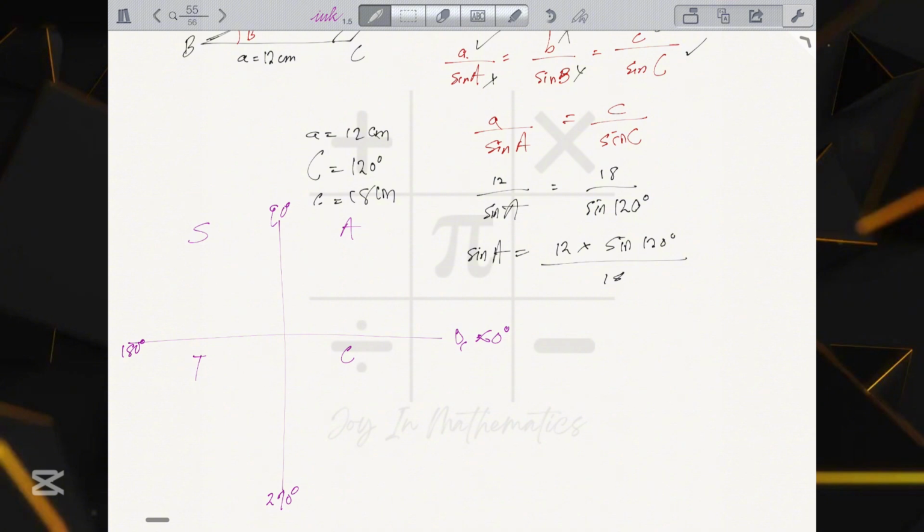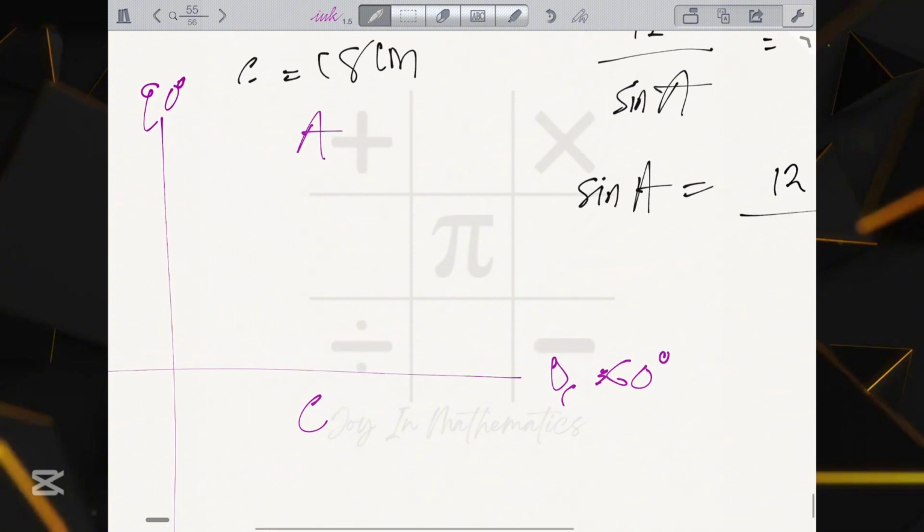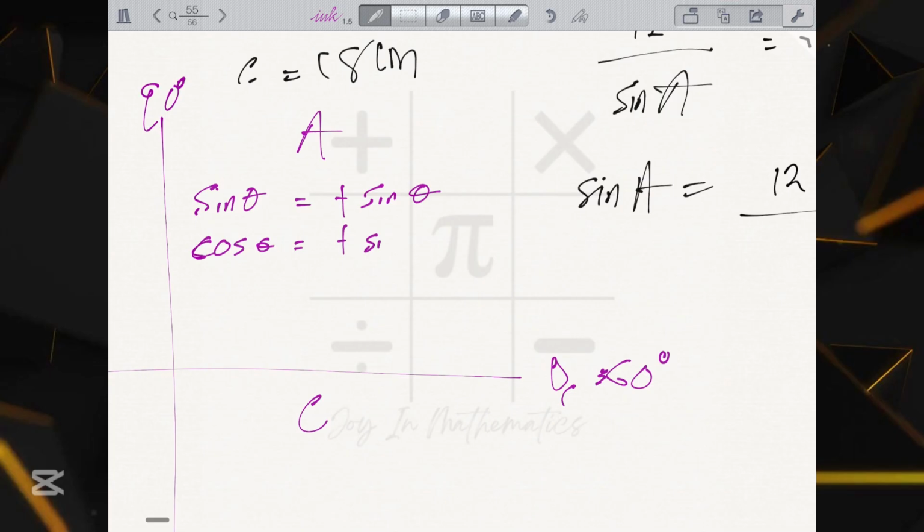Now, we recall that in the first quadrant, sine theta is positive, cos theta is positive, and tan theta is positive, because the acute angle in this case is x equals theta.